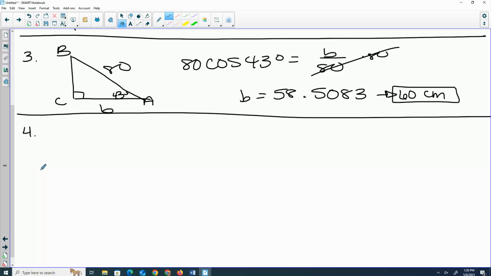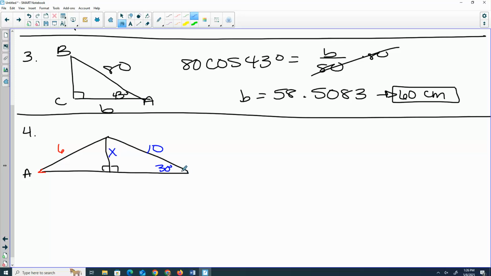Problem 4, we're trying to find angle A. And what we know is we have 2 right triangles here. So on the right, we know this angle is 30 degrees and this side is 10. On the left, all we know is a single side, and we're trying to find angle A. So we need to first find the side that they share.